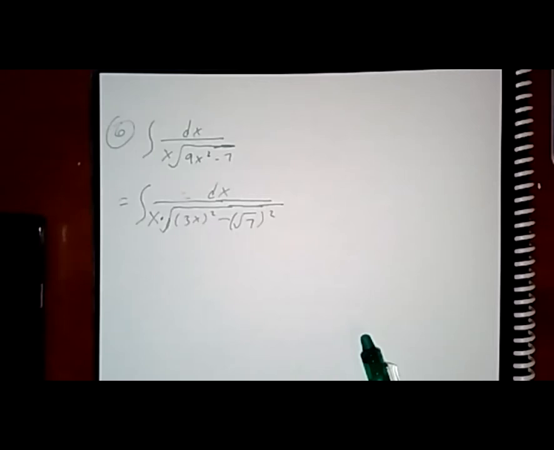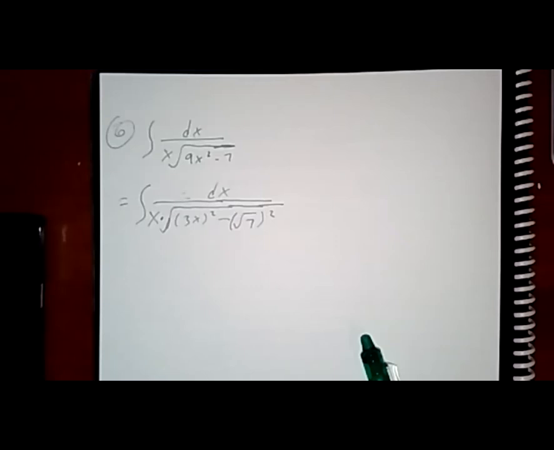Yeah, I would add that to the sheet. Let me double check. I believe it's secant of u over a or something. Yeah, here it is.